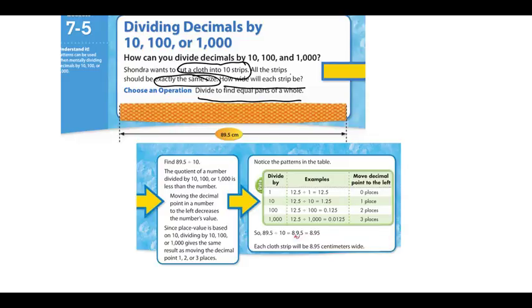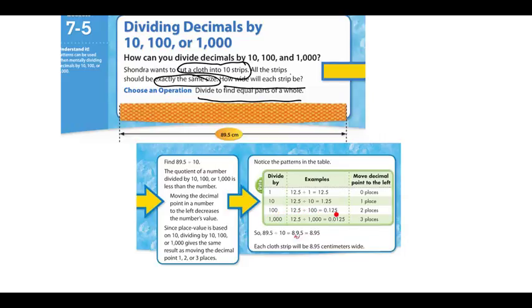We're going to be moving the decimal point in a number to the left to decrease the number's value. If you look at the examples over here, 12.5 divided by 1, you're not moving it at all, because anything divided by 1 is itself. Dividing by 10, you'd move it one place, so it's getting 10 times smaller.